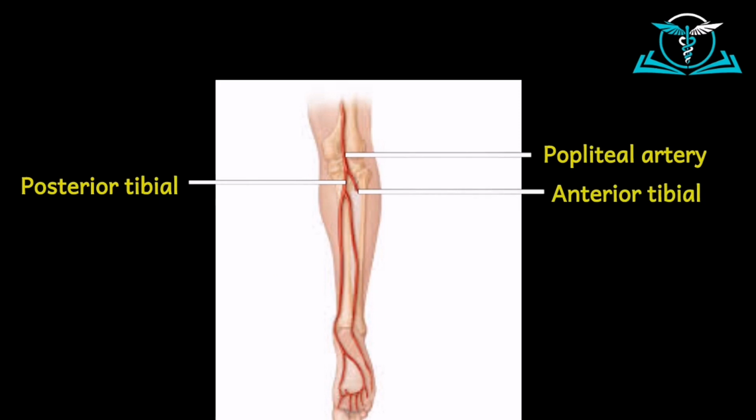So this is like the radius and then the ulnar equivalent in the upper limb. So the anterior tibial artery would continue and become the dorsalis pedis artery. Then the posterior tibial artery would continue downwards, but will give a branch called the peroneal artery. And so this is how the arterial supply of the lower limb is like.